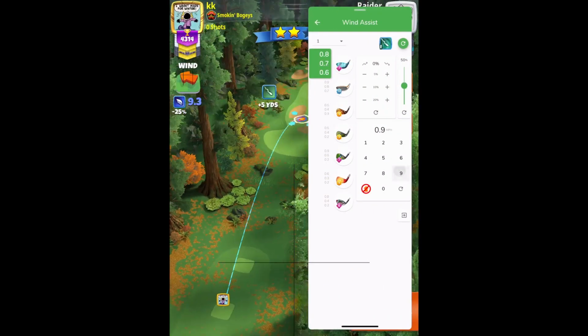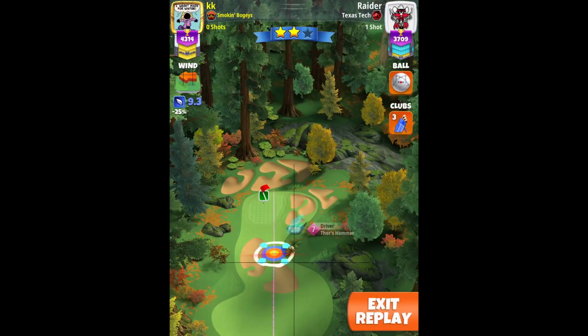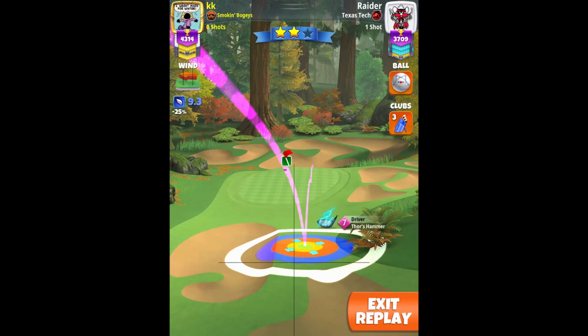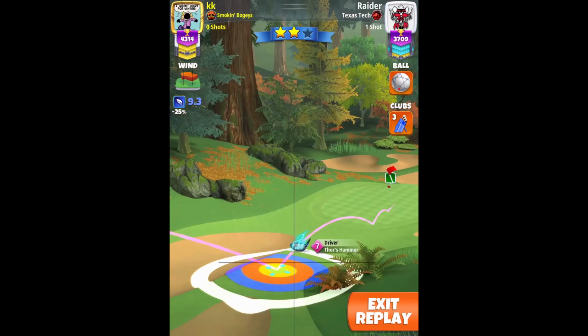And here's a right to left straight crosswind that I'm showing a driver option for. And I'm doing 1 left spin and about 6.2 backspin, adjusting plus 5% minimum.